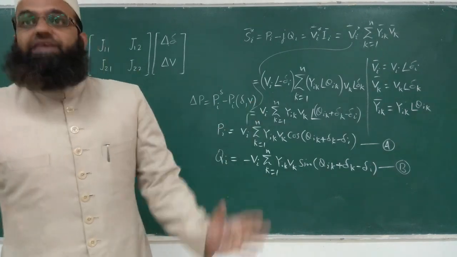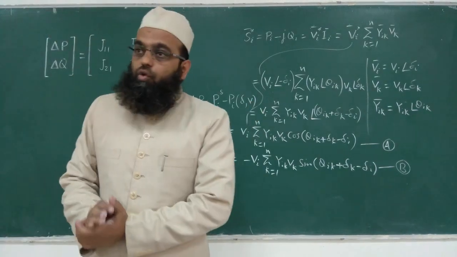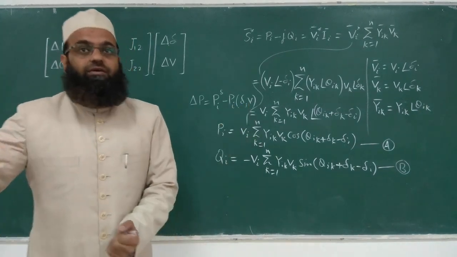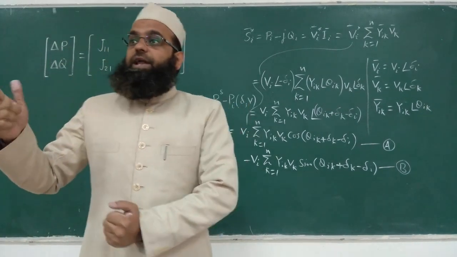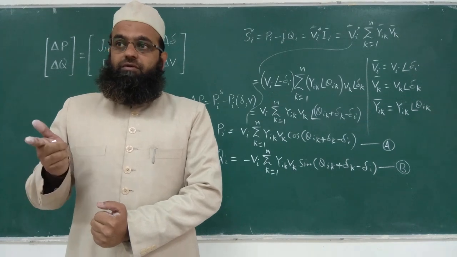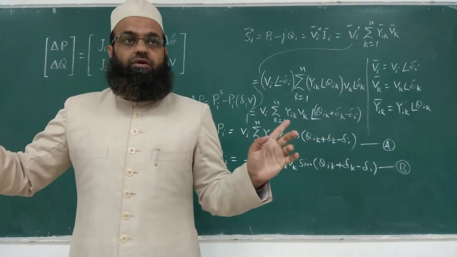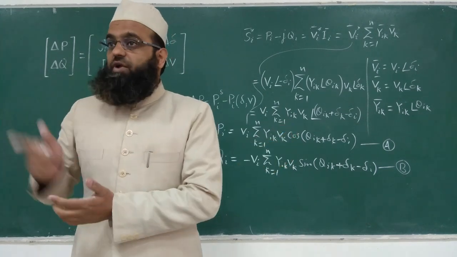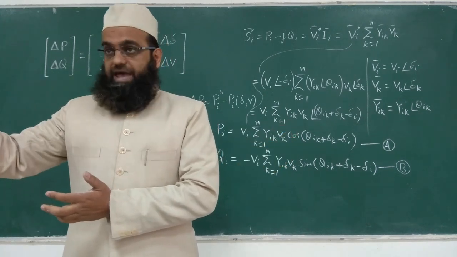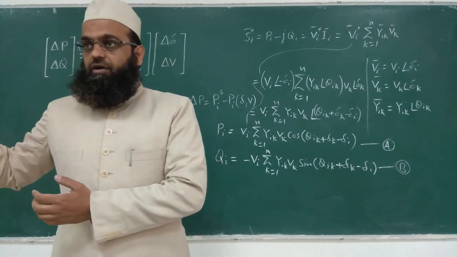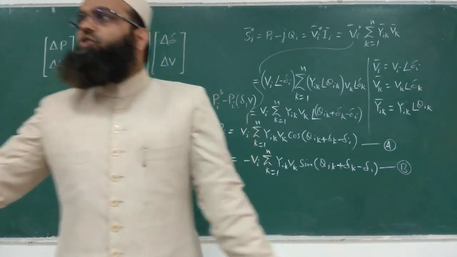So in a steady state, whatever solutions we have obtained for delta and V, delta is variable for which bus? PQ bus. So for all PQ buses, all deltas. Suppose PQ buses we have assumed from bus number 2 to M. So delta 2, delta 3, up to delta M. So it depends upon the number of PQ buses.